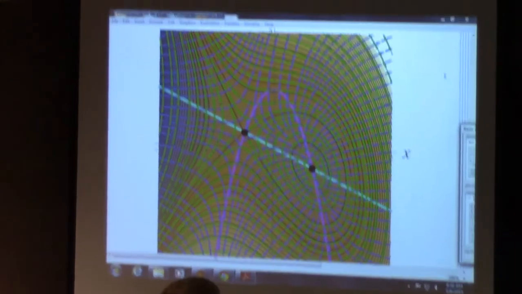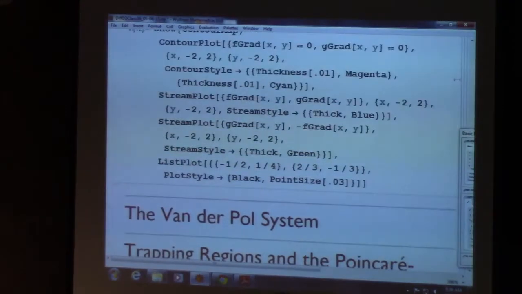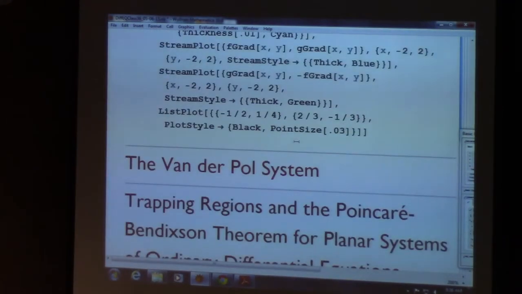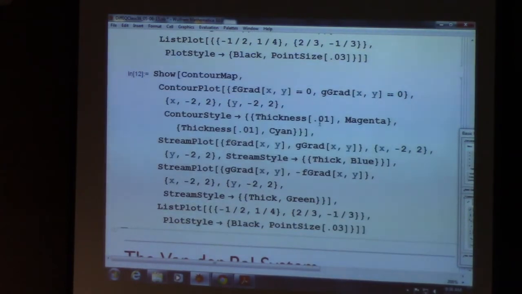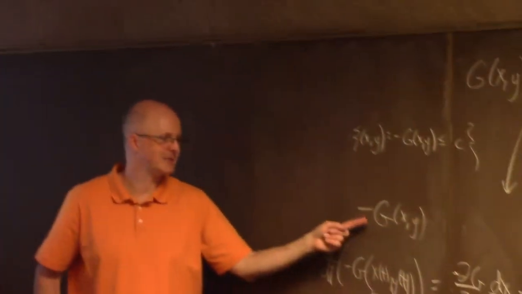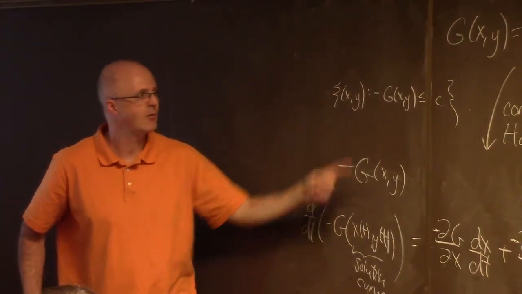So in reality, if I was going to think about this in the context of trapping regions, I'd really want to switch my system to not being a gradient system, but to being the opposite of a gradient system, which is actually still a gradient system, but just for this function instead of the original function. So should I say that again? What I'm going to do is consider the gradient system corresponding to that function, negative g, rather than g itself.